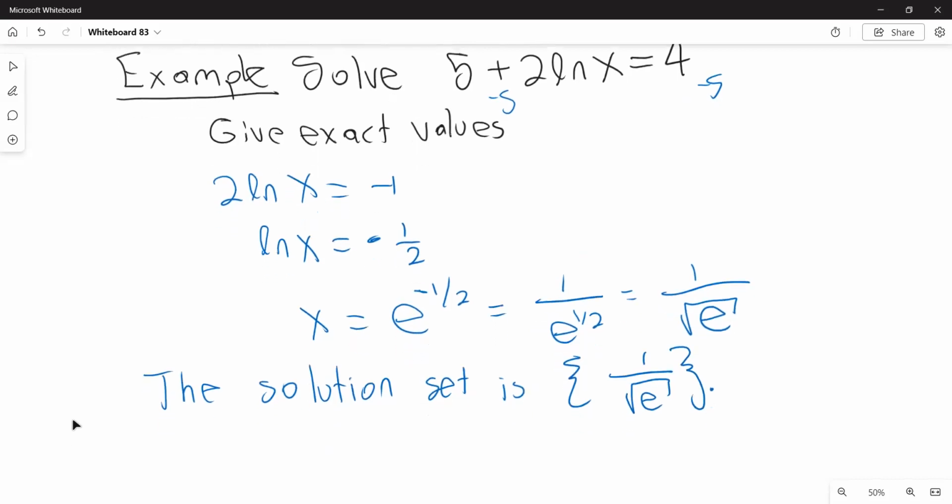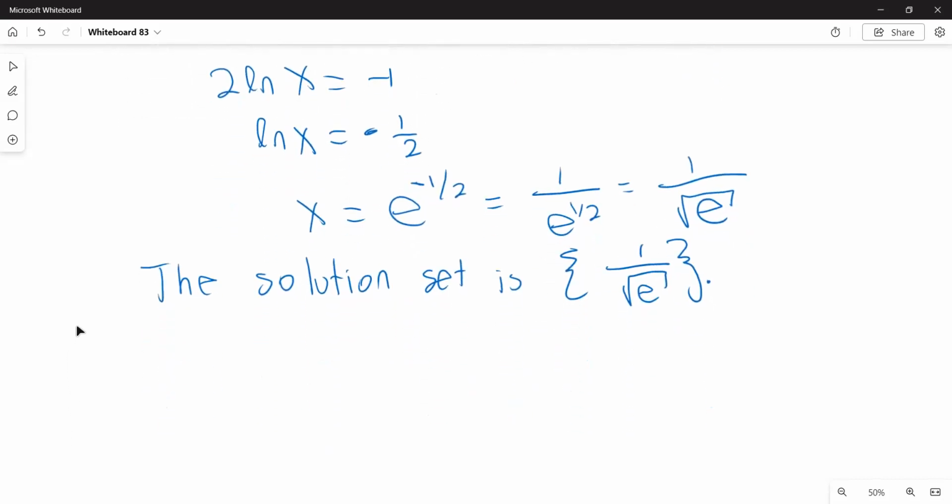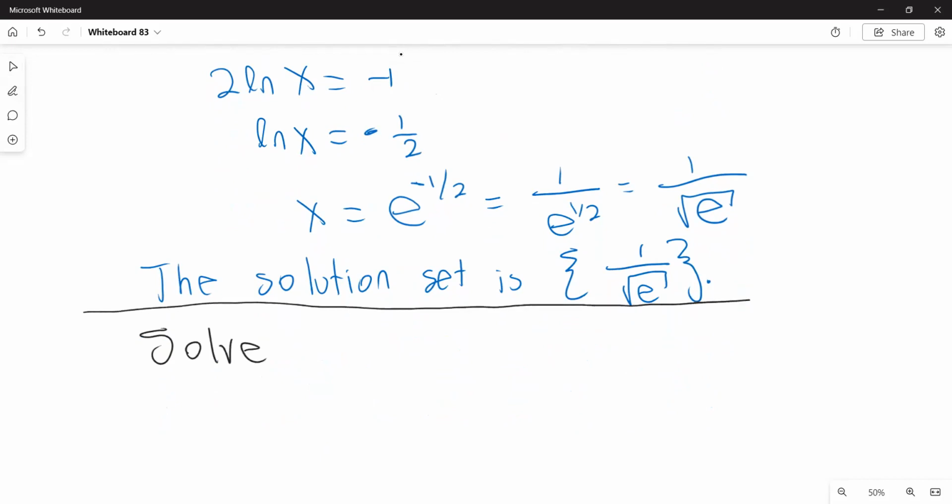And b, the logarithmic equation, logarithm with base 3 of x cubed plus 17 equal to 4.